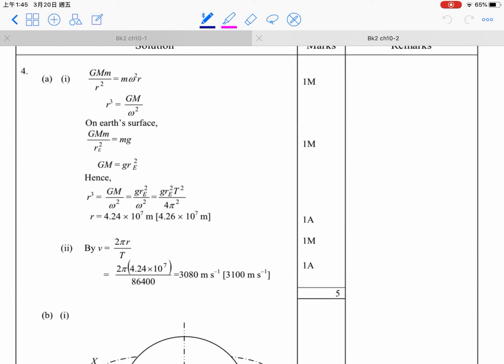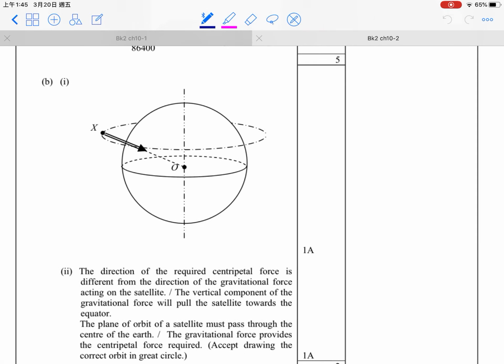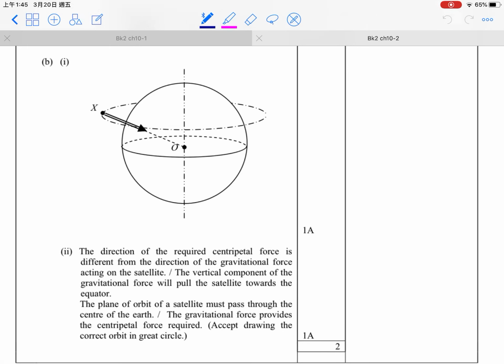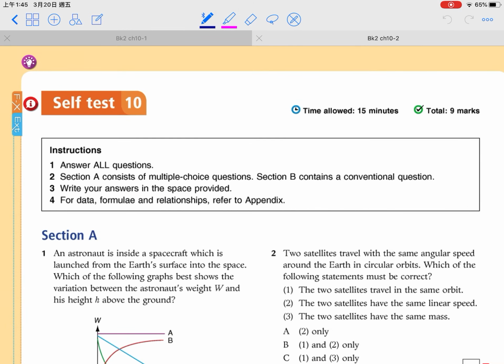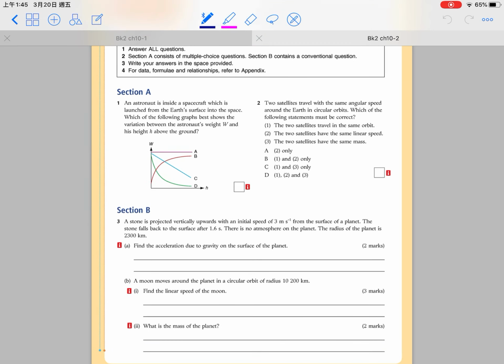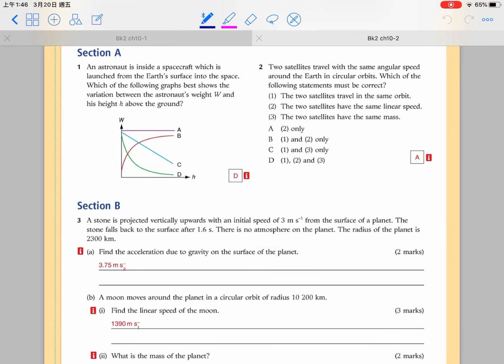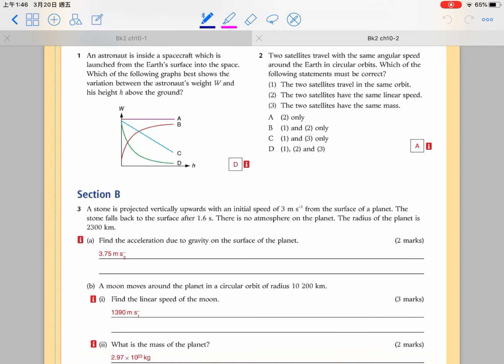Here's the answer. Part A, part B, part B2. Also try the self-test, and check the answer.